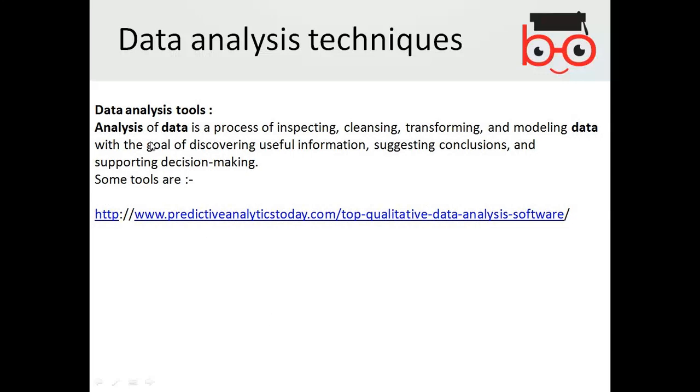The data analysis tools. The analysis of data is a process of inspecting, cleansing, transforming, and modeling data with the goal of discovering useful information, suggesting conclusions, and supporting decision making. Some tools are available that can help you to analyze the data.